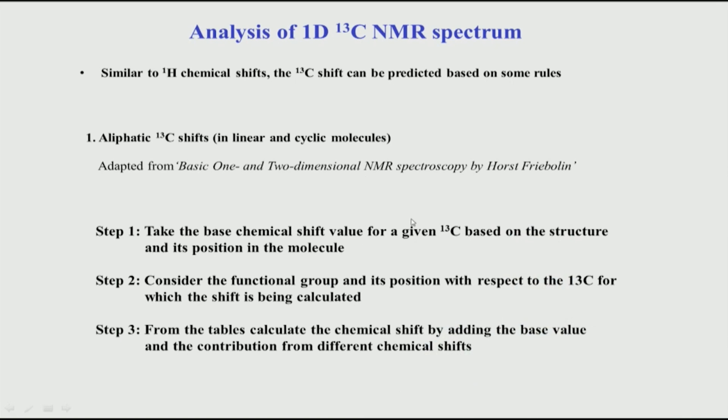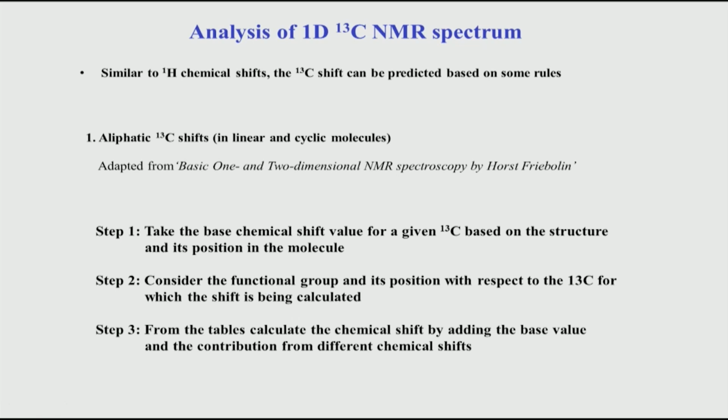These are the basic three steps, very similar to what you do for hydrogen proton. You start from a base chemical shift value for a given structure, say aliphatic, ethylene, or aromatic, for a given functional group in a molecule, which will be given in a table. Then to that base value you add values based on the different substituents present in that molecule.